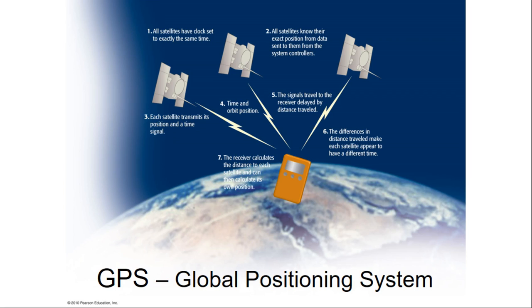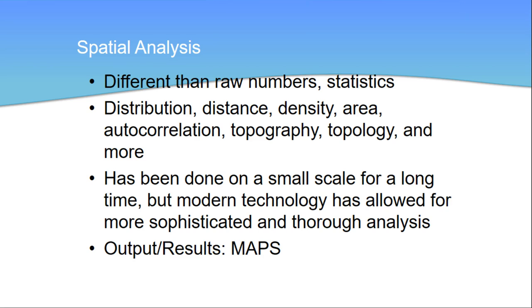So where are we right now? So GPS is the number one technological advancement that has allowed our mapping to become super, super sophisticated. Okay, and that is a very cool thing.